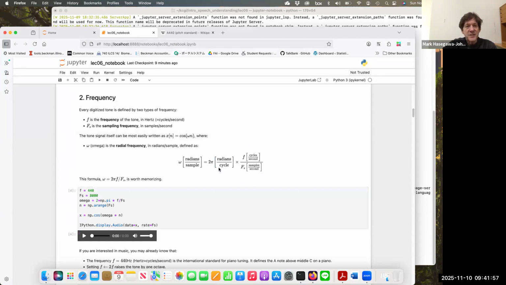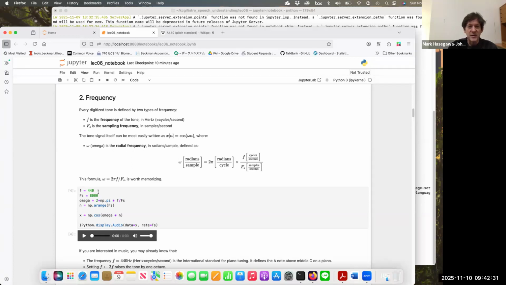What's interesting about frequency is that there are at least two different ways in which you can represent it. F is the frequency in hertz, which is cycles per second, and here F is 440 hertz. But omega is the frequency in radians per sample. It goes F divided by the sampling frequency, Fs samples per second, multiplied by 2 pi, which is the number of radians in a circle.